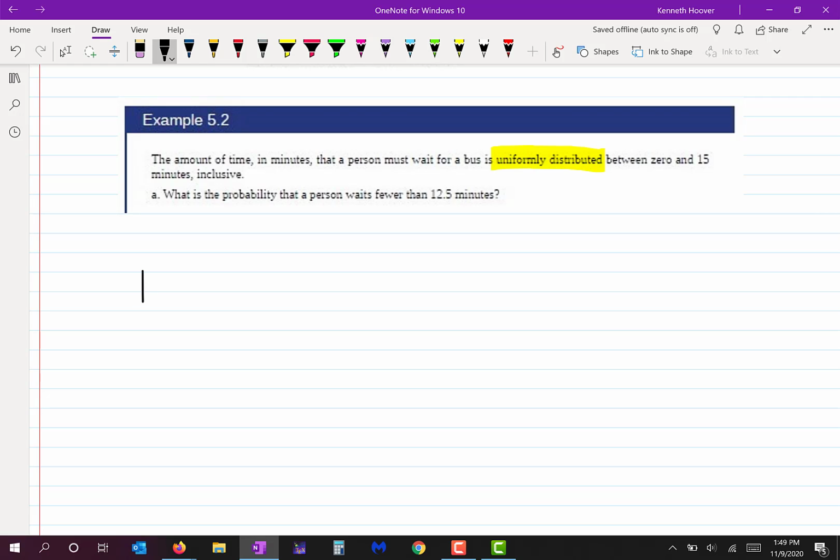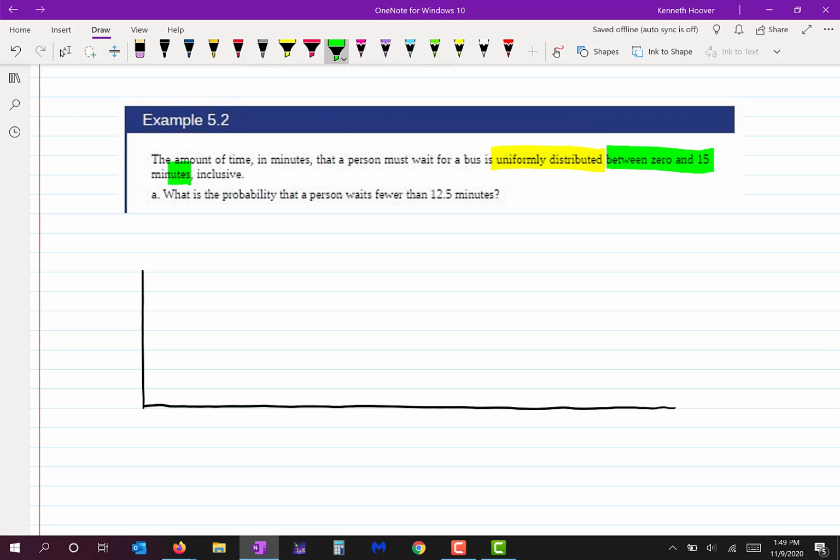Let me draw the axes. And then what else does it say? It says between 0 and 15 minutes.